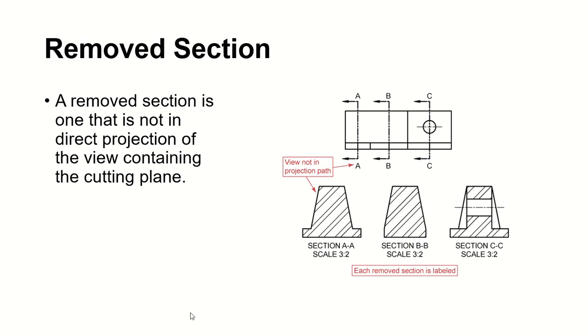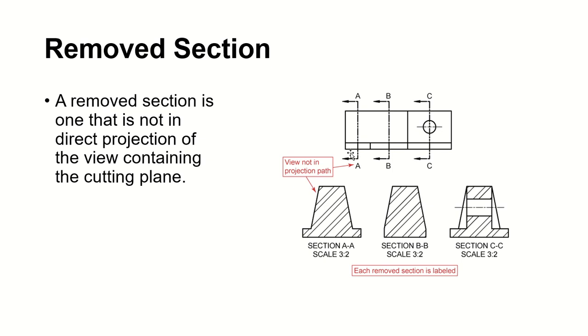Removed section. They don't have the direct projection containing the cutting plane, because your cutting plane is here. We're doing one, two, three cuts, so it's cut and remove, and then cut and remove. Of course, your line of sight is looking this way.